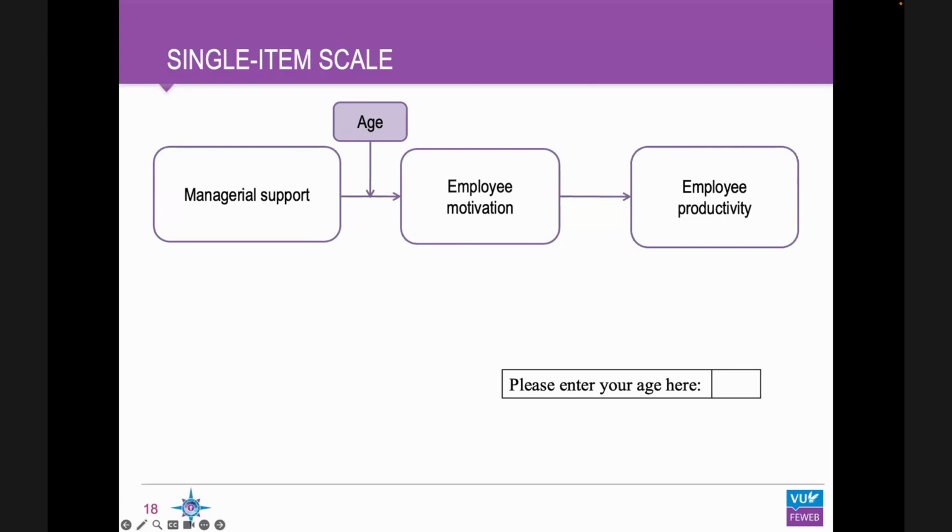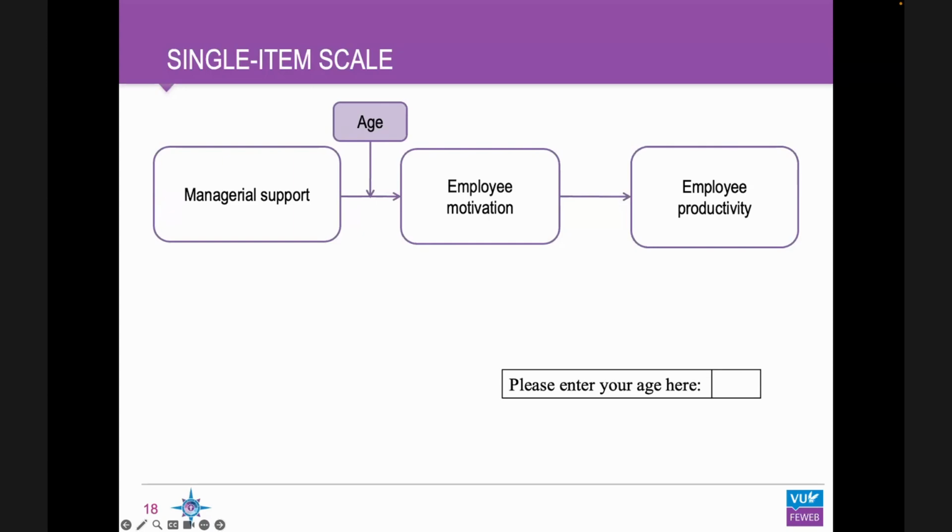Because we ask multiple questions to understand this concept, we call this a multi-item scale. The concept we also call a construct or a factor. So this is the construct or factor we are after, the managerial support.